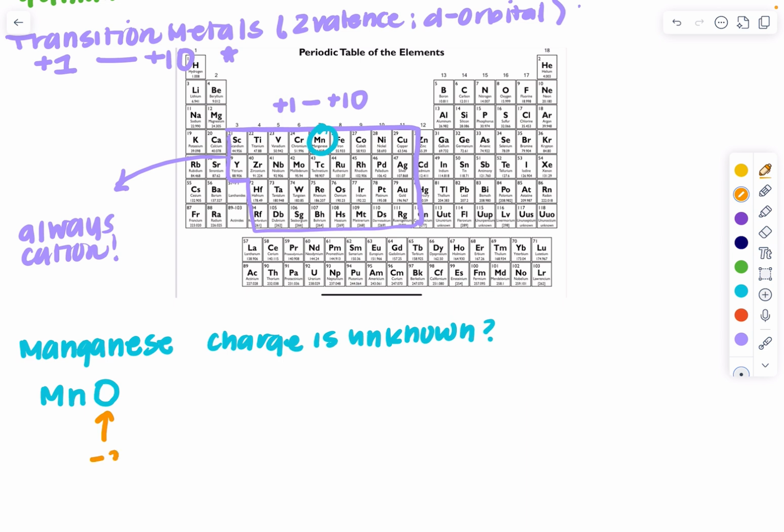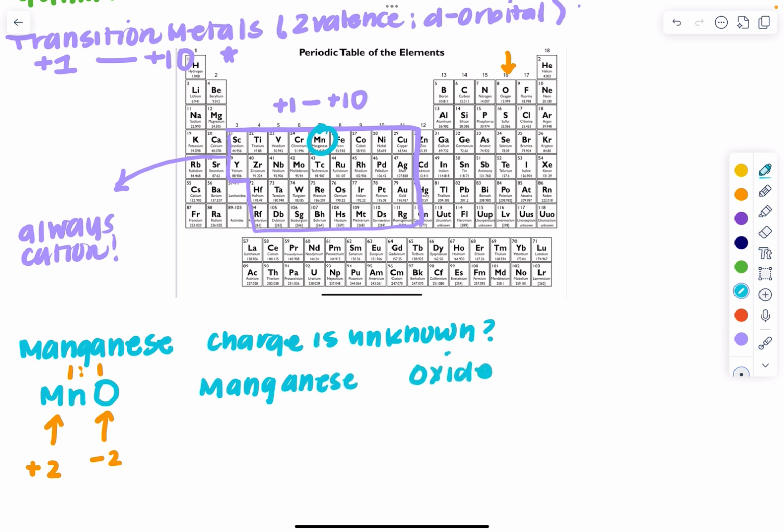We know oxygen has a -2 charge. That's in this group on the periodic table, which means that manganese has to have a +2 charge because it's a 1-to-1 ratio. Whatever the charge is on oxygen needs to be the charge on manganese. So we would call this manganese oxide. Okay. But in the middle, we need to signify that it's a +2 charge.